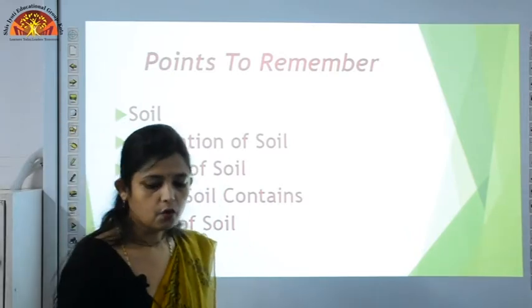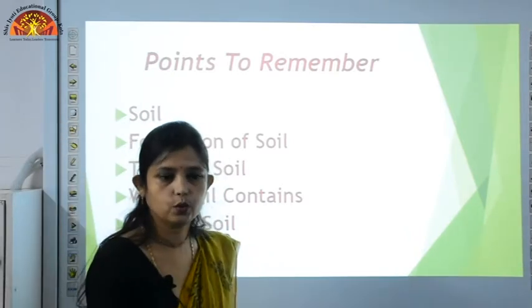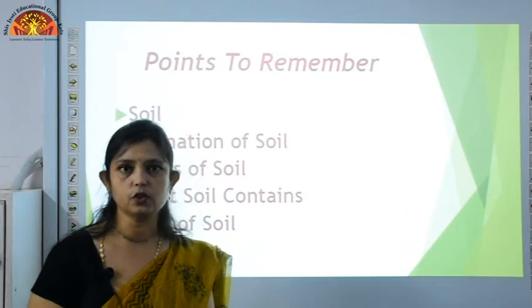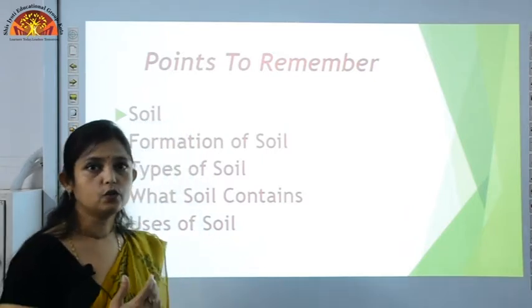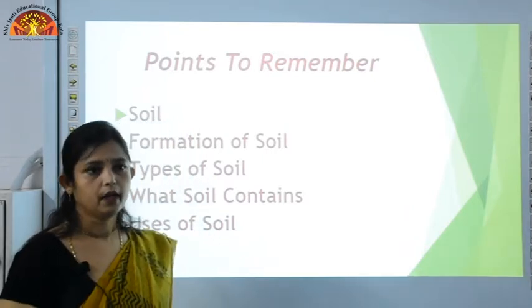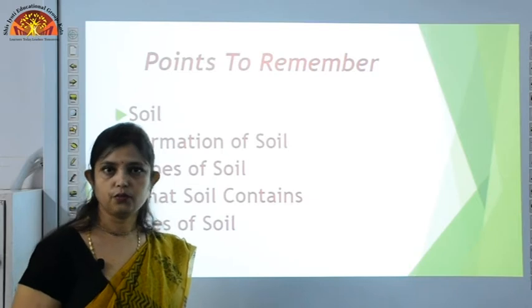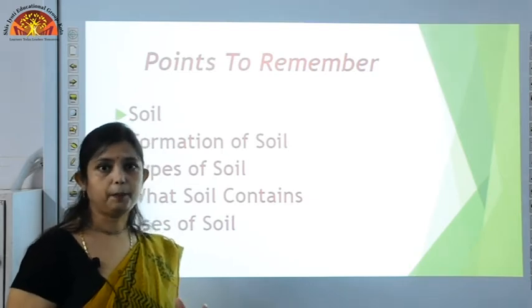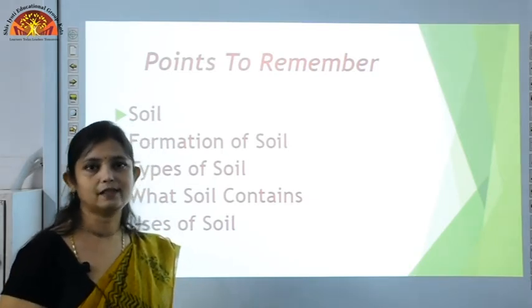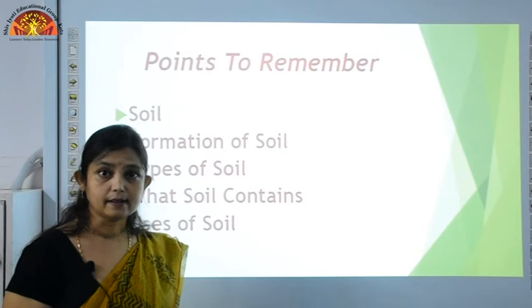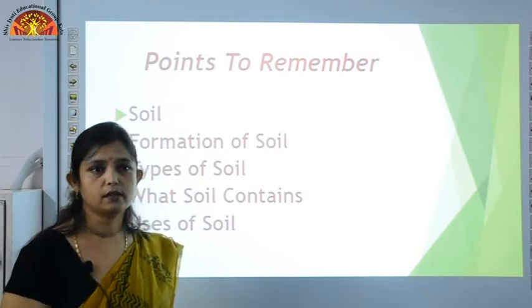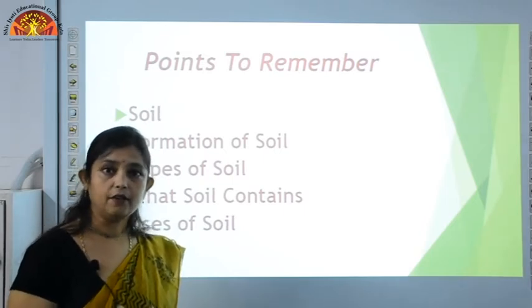Students, formation of soil is a gradual process. It is a continuous process which continues for thousands of years. What happens during the formation of soil? Very big pieces of rocks break down due to the sun's heat, strong winds, cold weather, and heavy rains.